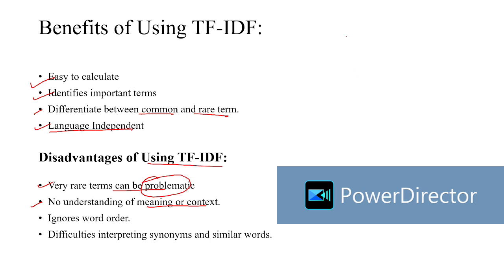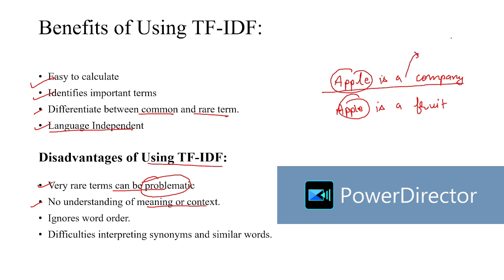We discussed an example in the previous video: Apple is a company and apple is a fruit. Both terms are related to apple, but the first document is talking about an organization, and the second talks about a fruit. So this is the context.